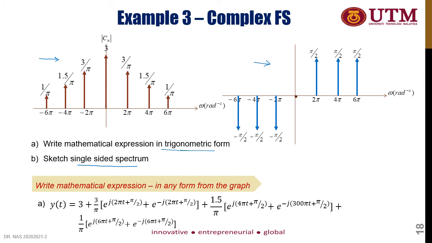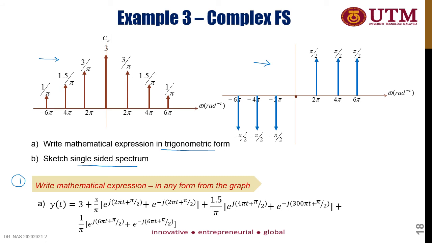To start with, you need to write down the mathematical expression in any form that you can get from the graph. Obviously, this is the double-sided spectrum, so you can get the exponential Fourier series.